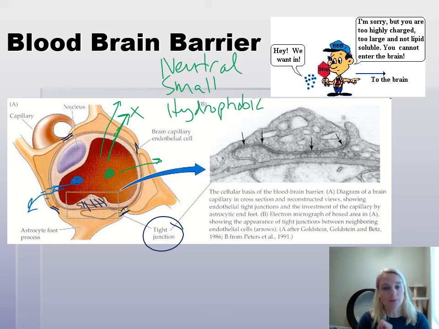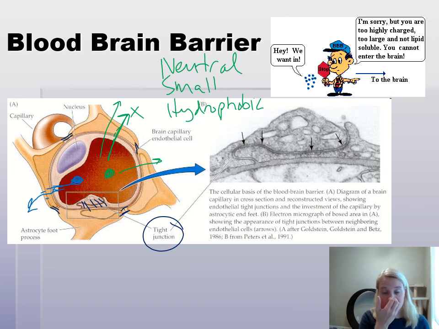So that wraps up. Oh, sorry, I'm looking in the notes. I forgot this last piece. There are 4 places in the brain where the blood-brain barrier is not as strictly regulatory as it is everywhere else in the brain. So there are portions of the hypothalamus, capillaries in the pituitary gland, capillaries in the pineal gland, and capillaries in the choroid plexus.